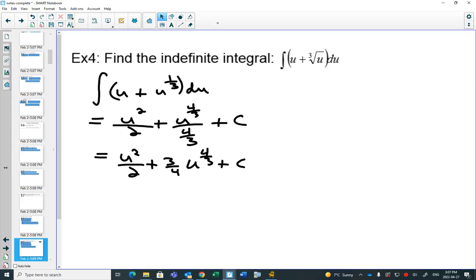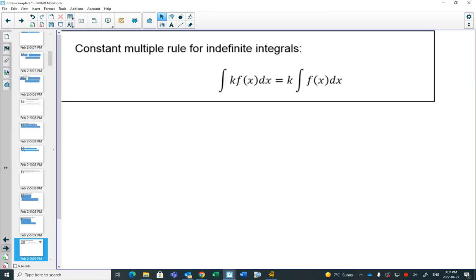Right now, no matter what function you have inside, if that function is multiplied by some constant, some number, you can pull that number out in front and just do the integral of the inside. And we saw this with derivatives as well, right?